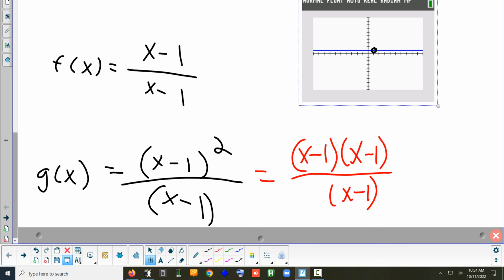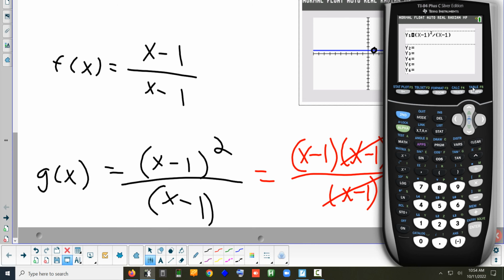You can cancel one of them out, and if you want a visual in your head for what this is really going to look like, it's going to look like a line with a slope of 1 and a y-intercept of -1. But you have to remember, to get that, you crossed something out in the denominator that originally caused you to divide by 0. So there is still a hole in that graph, and the hole is at 1.